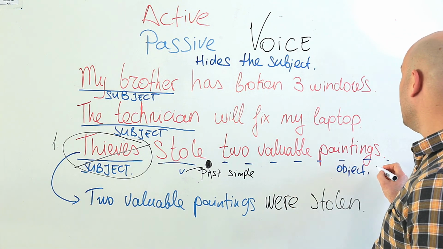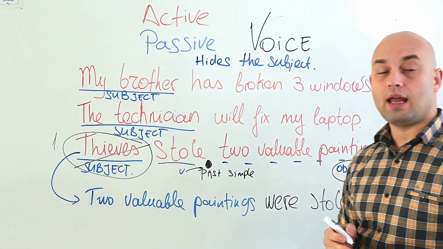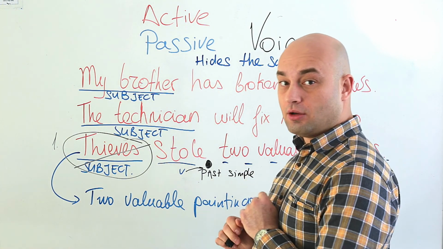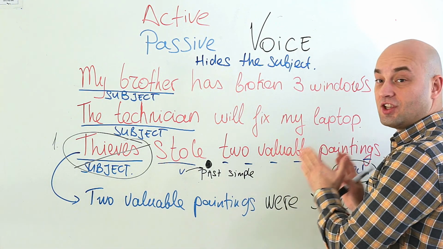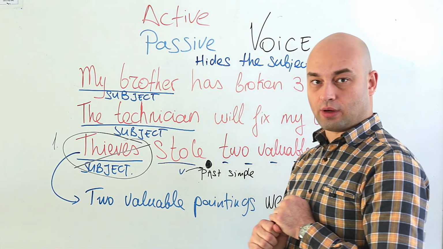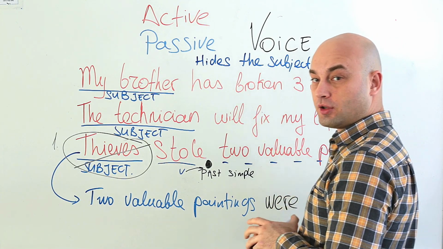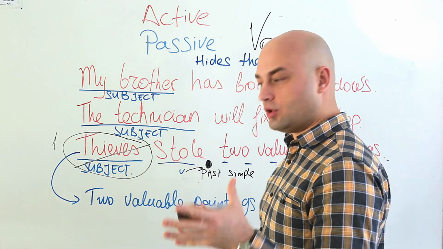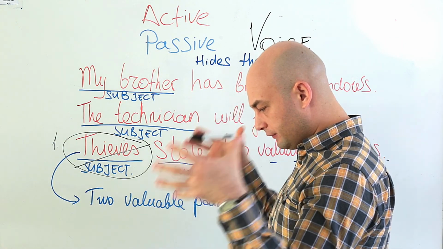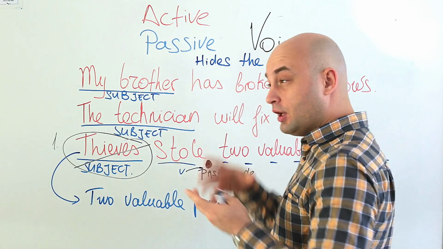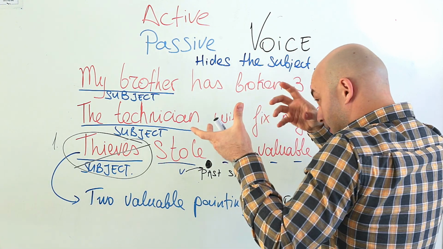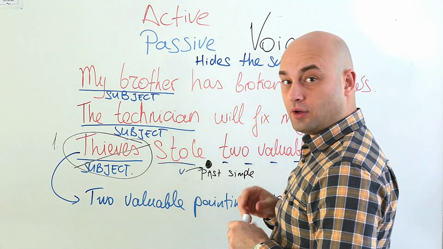Then I need to find the object. Now, when I find the object, that is the center of my sentence right now. So I've changed my focus. You know what focus is? When you concentrate on something, you focus on something. When you've got a camera, you focus on the main subject of your picture.